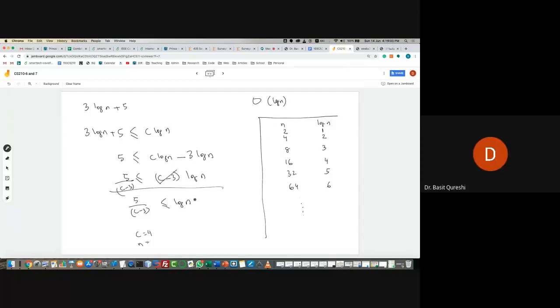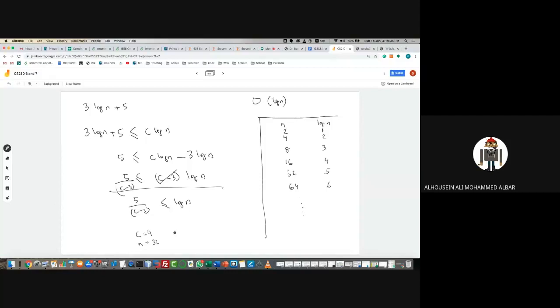So what should we pick? I want this to be 5 or more. If we pick log of 8, it would be 3.